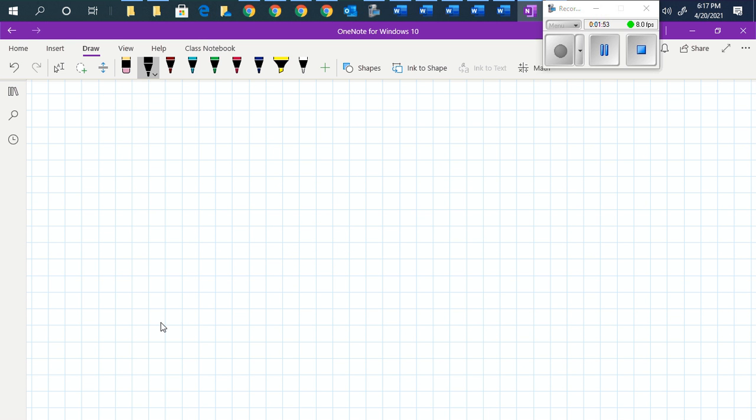But how can we find this mathematically? Let's suppose that we have an equation of the line that looks like this: y is equal to 5x minus 3.